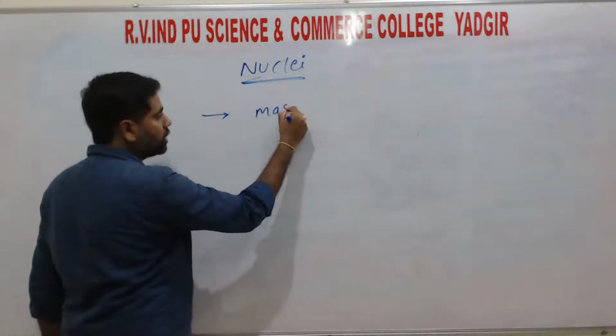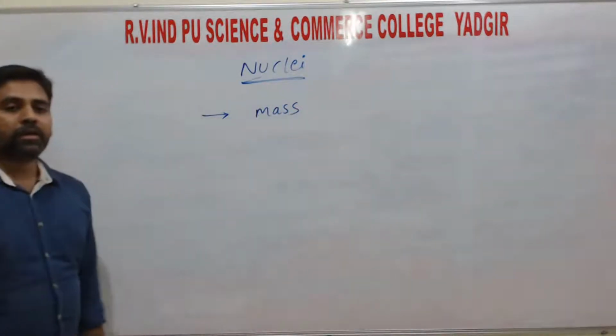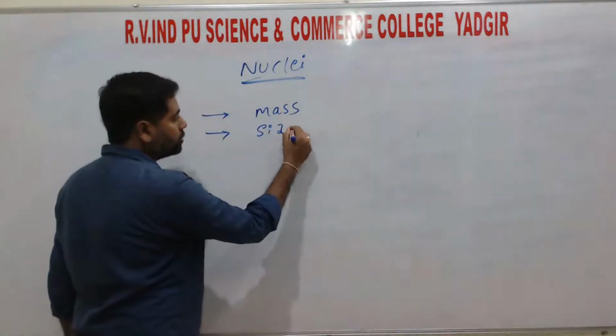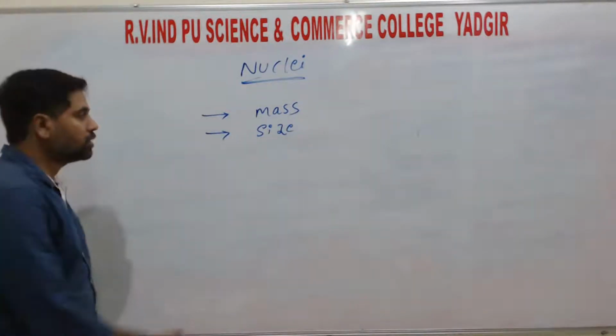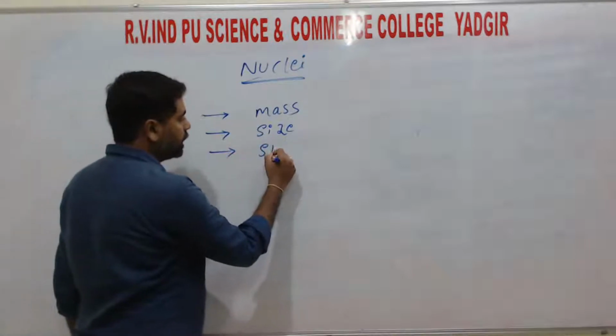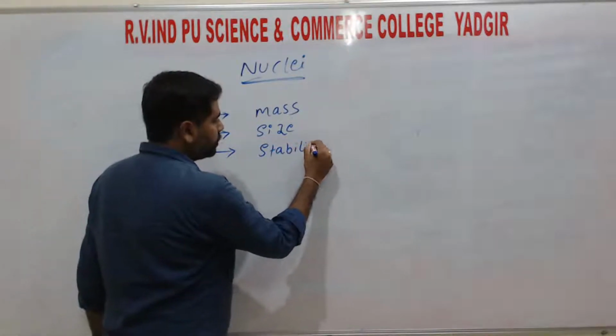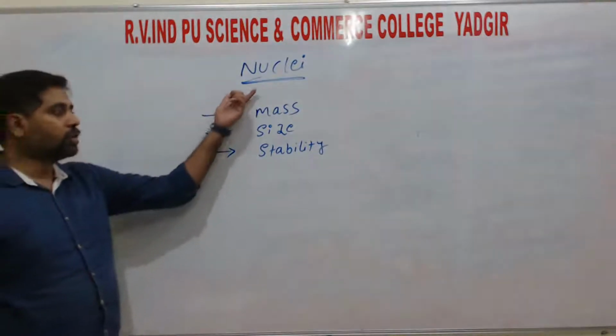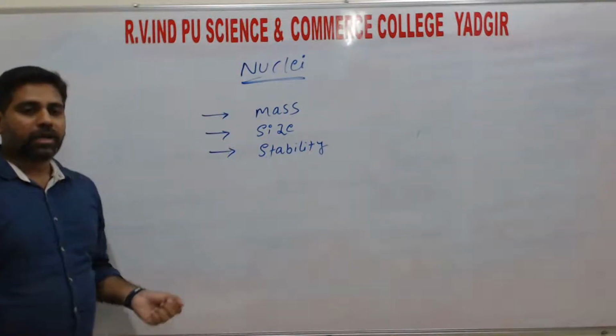The first one is the mass of the nucleus. Next, the second one is the size of the nucleus, and the third one is the stability of the nucleus. These are the properties which we are going to study in the chapter Nuclei, right?